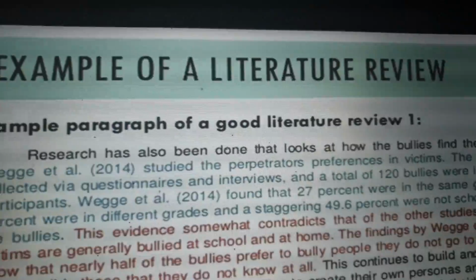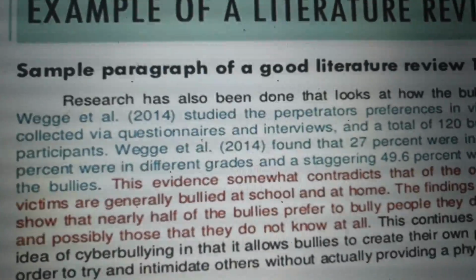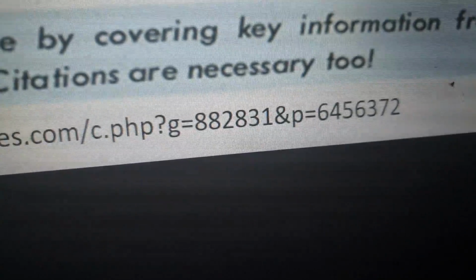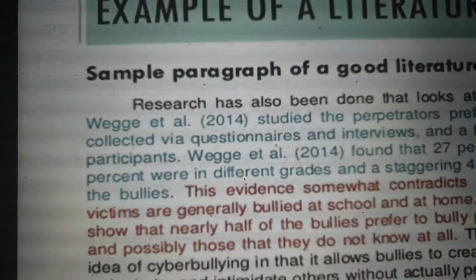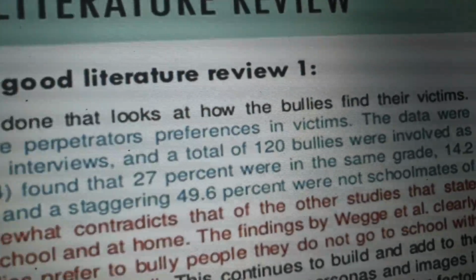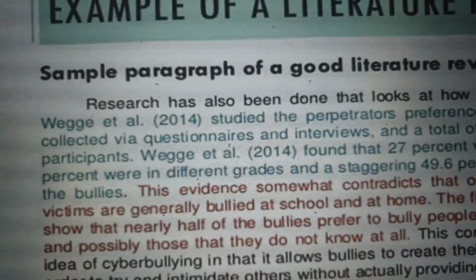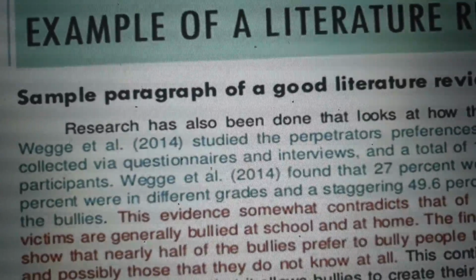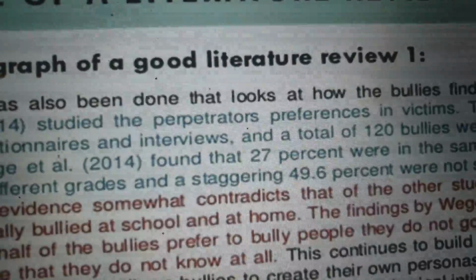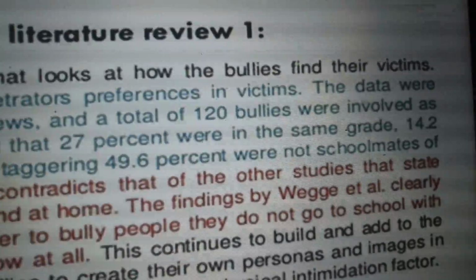Let's just have an example as a paragraph taken from a literature review at that source. Here it goes. Research has also been done that looks at how the bullies find their victims. Wege et al., and you're quoting, stated the perpetrators' preferences in victims.